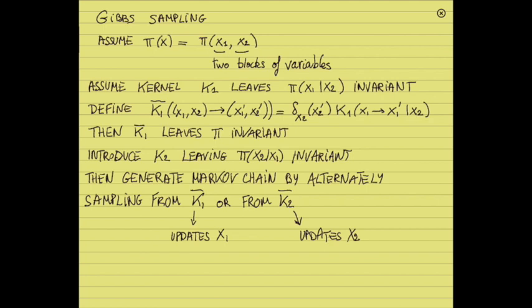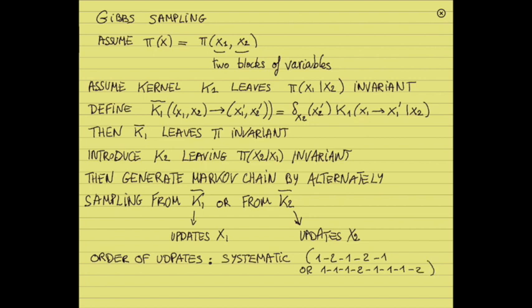So that's the idea of Gibbs sampling, and there's a lot of open questions still around Gibbs samplers. For example, about the order of the updates. We could either systematically scan the components and update them, for example, component 1, then 2, then 1, then 2, then 1, etc. Or we can also have 3 updates of component 1, then 1 update of component 2, 3 updates of component 1, 1 update of component 2.